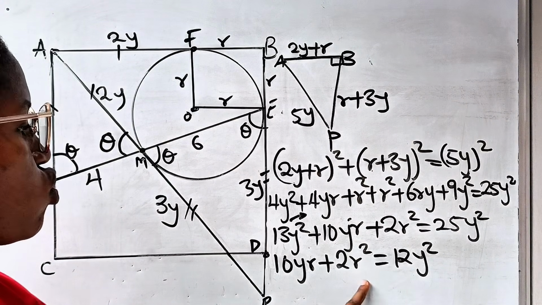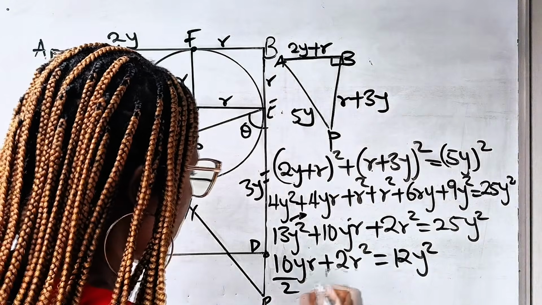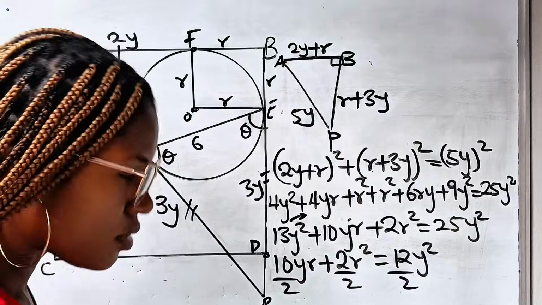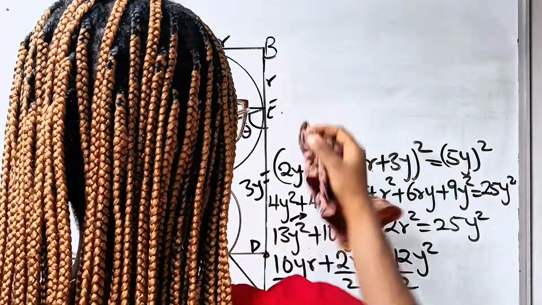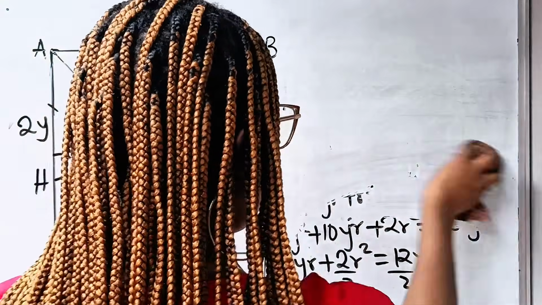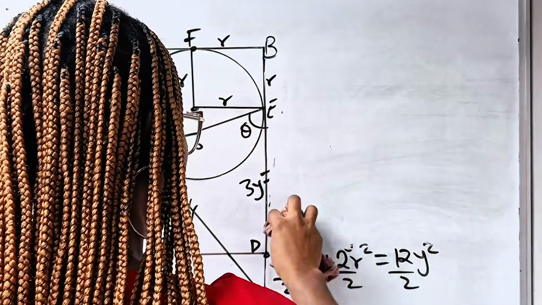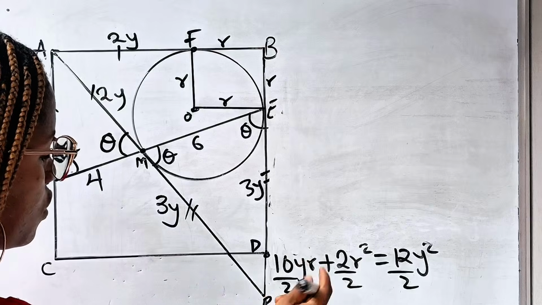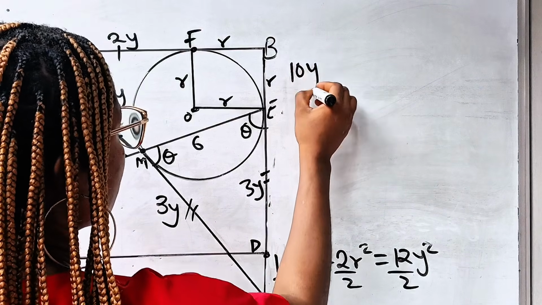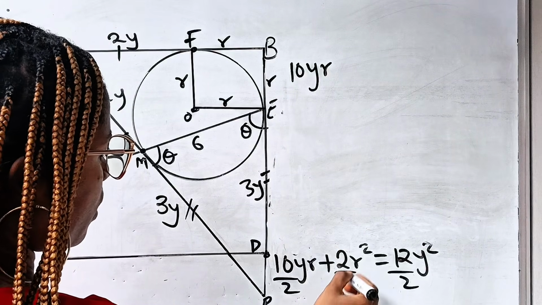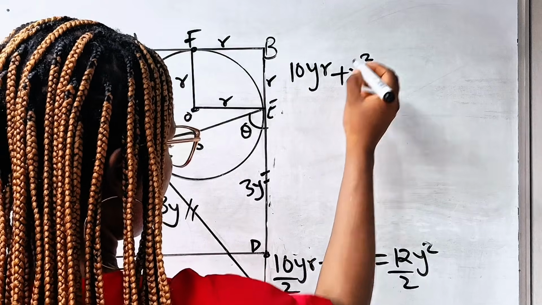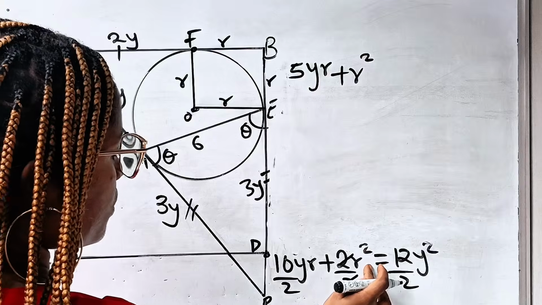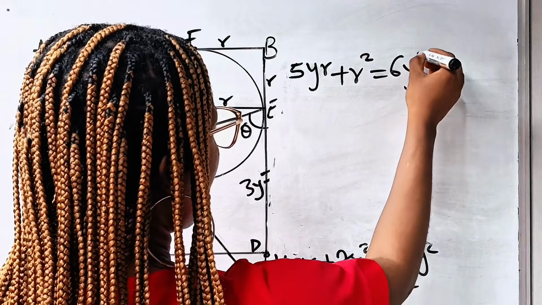Now let's divide through by 2. Divided by 2, divided by 2, divided by 2, and we will have 5yr plus r squared is equal to 6y squared.